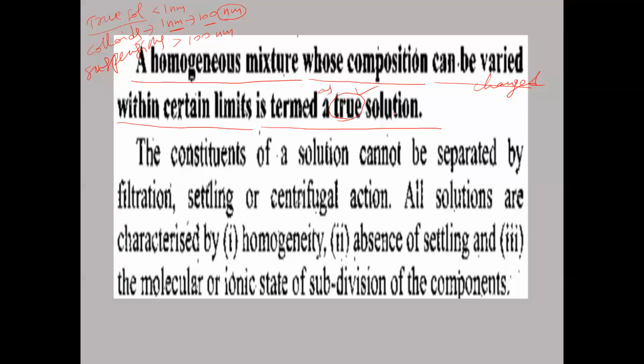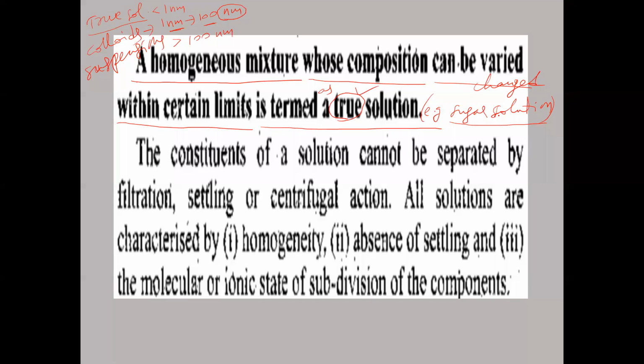So an example of true solution is what? Sugar solution. The sugar solution is a homogeneous mixture. After dissolving sugar in water, sugar solution is formed. Now, can you distinguish between sugar particles and water particles separately in sugar solution? No. The sugar will go into solution thoroughly, completely.